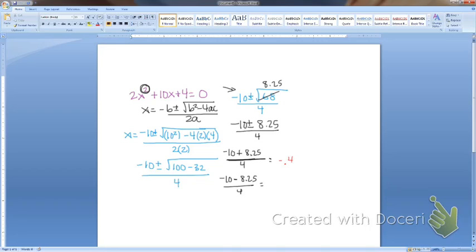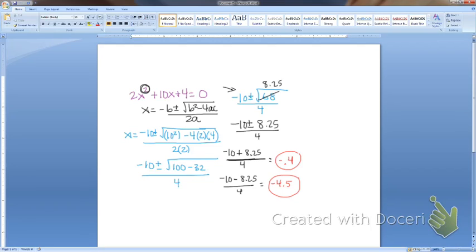And then if I do the same thing on the other side, negative 10 minus 8.25, enter, divided by 4, I'm getting negative 4.56. We're just going to leave it as negative 4.5. So what that means is my graph crosses at negative 0.4 and negative 4.5. So these are my x-intercepts.